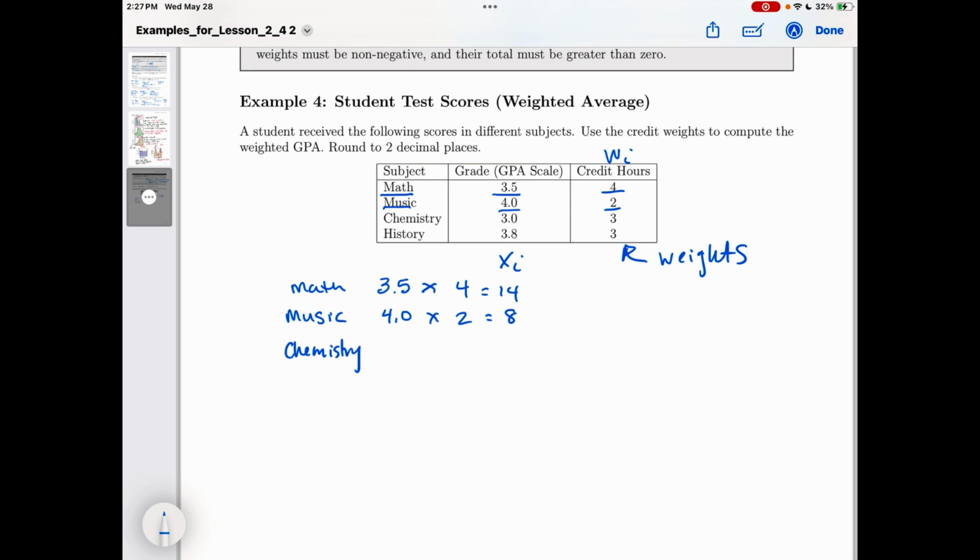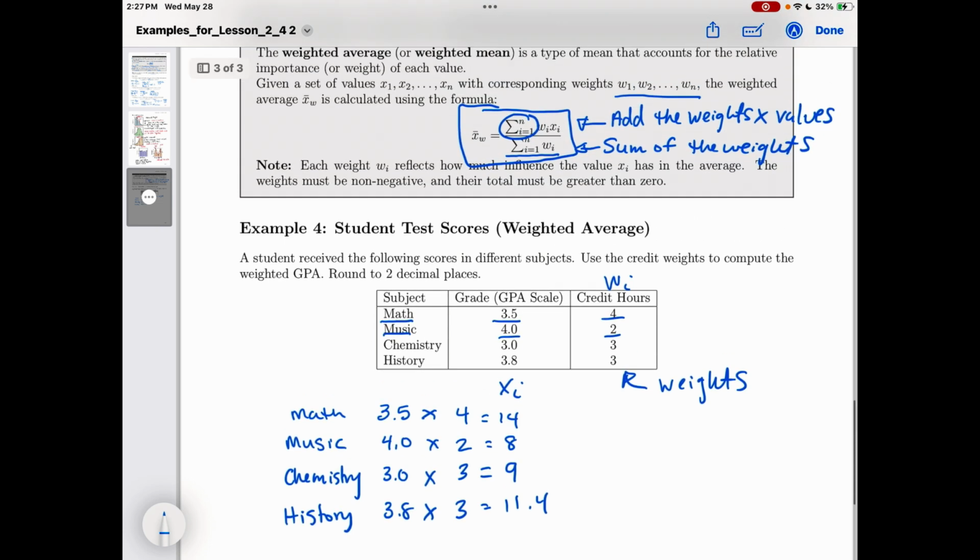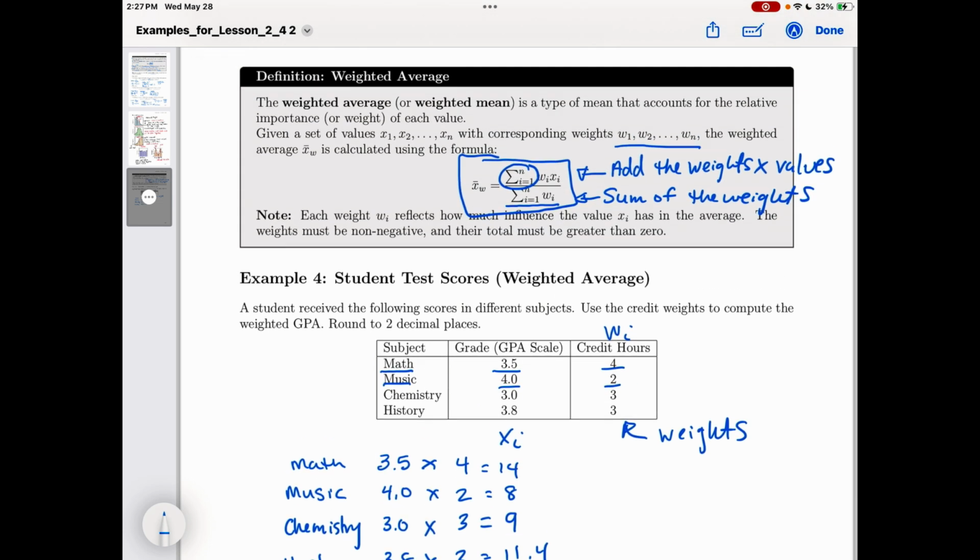That's going to give me 8. For chemistry, we have 3.0 times 3 credit hours. That's going to give me 9. And then for history, we're going to have 3.8 times 3 credit hours, which gives 11.4.